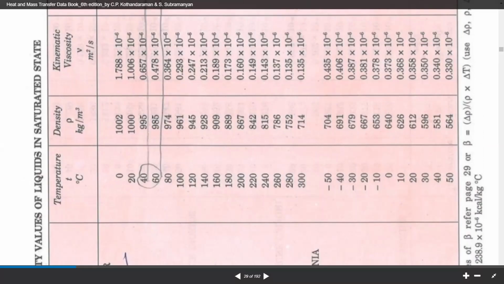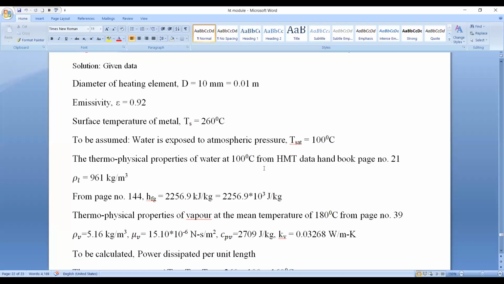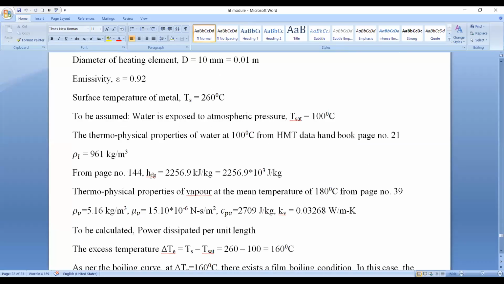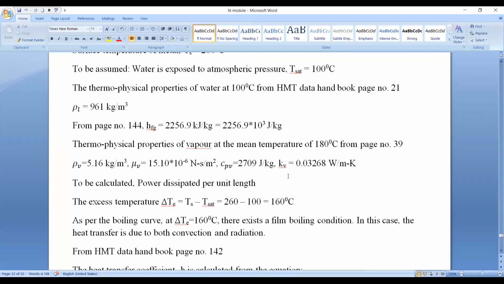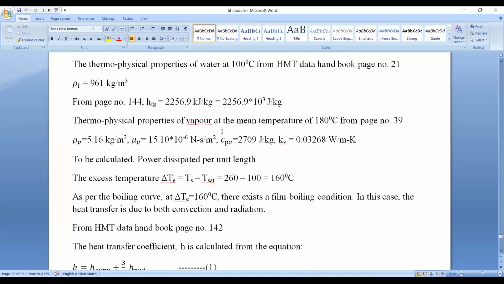Now from page number 144, consider the latent heat of evaporation at 100 degrees centigrade only, which is 2256.9 kilojoules per kg, or 2256.9 times 10 to the power 3 joules per kg. This is a very important step.